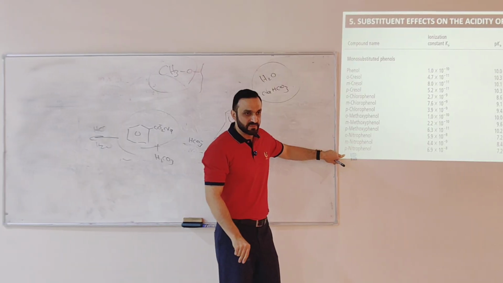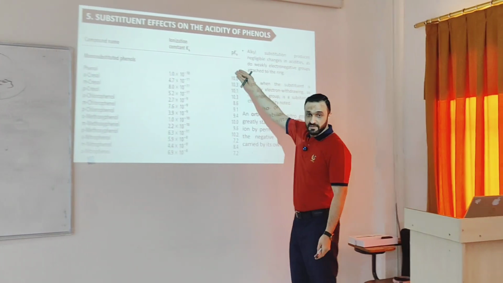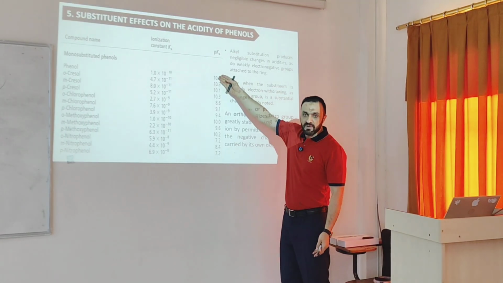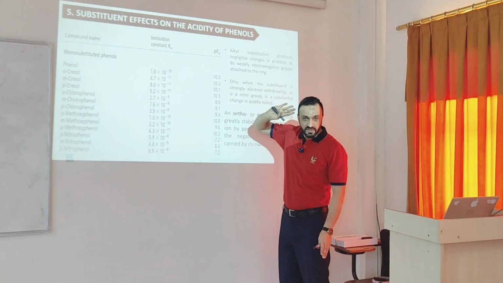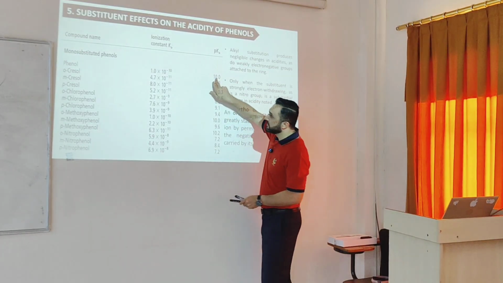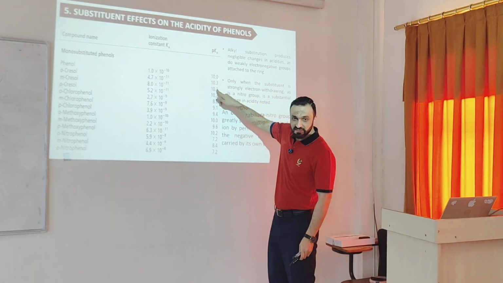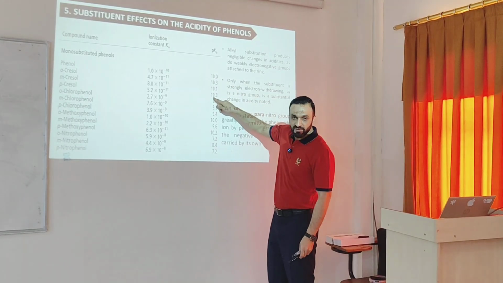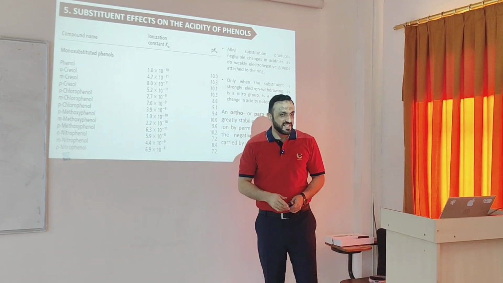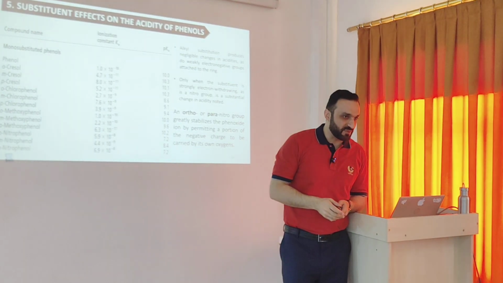And the nitro group. Look, this is the pKa. When the pKa is low, that means it's a stronger acid. You know this, yes? For phenol, 10. And for cresol, is there a difference in the numbers? 10, 10, 10, 10. No, that means CH3 does not affect the acidity of the phenols.